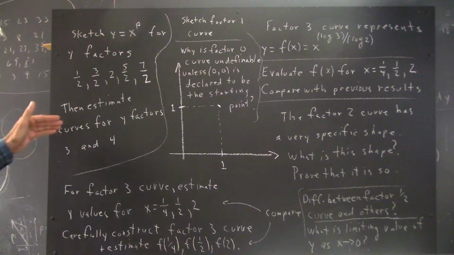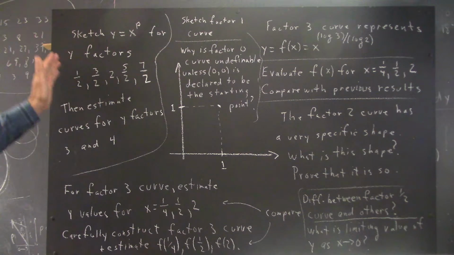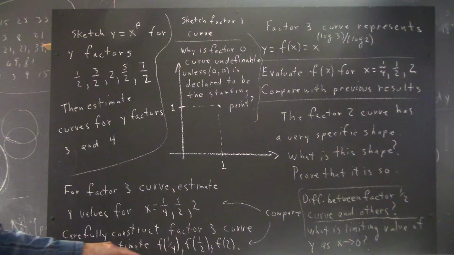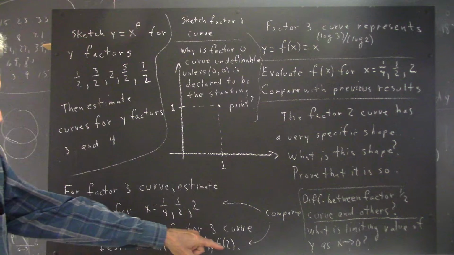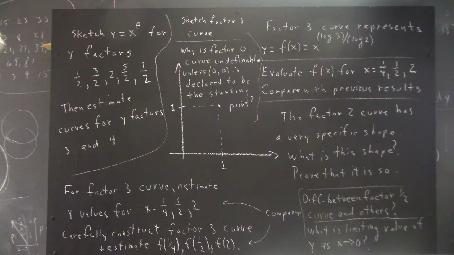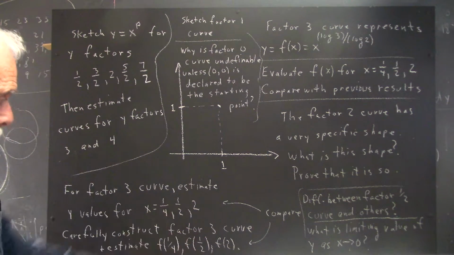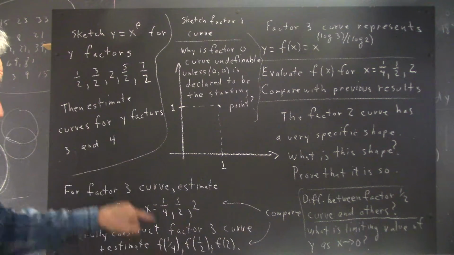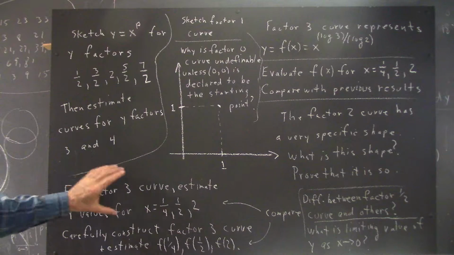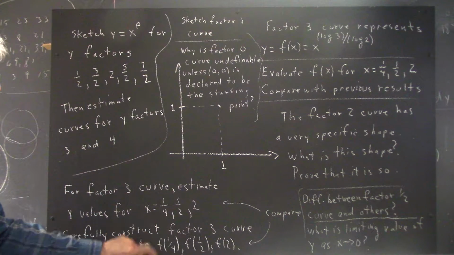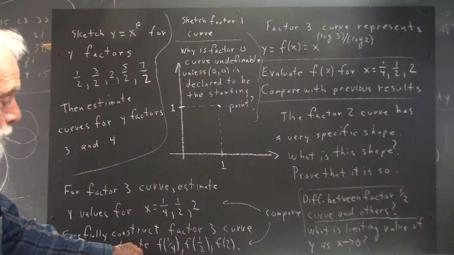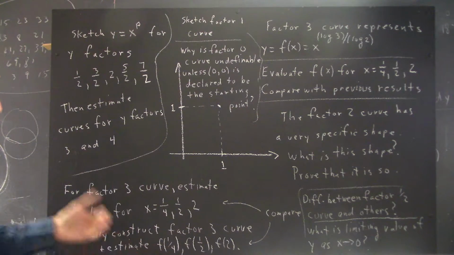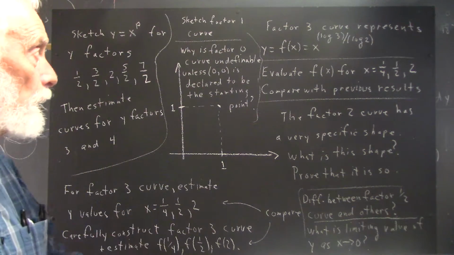So you've estimated the factor 3 curve based on these graphs, but I want you to actually construct it this time, and then estimate f of 1/4, f of 1 half, and f of 2, where f of x is the function for the factor 3 curve. So really I'm saying the same thing here that I said here. Though here you're going to use your estimated curve, here you're going to use your carefully constructed curve. F of 1/4 means the y value when x equals 1/4, obviously.